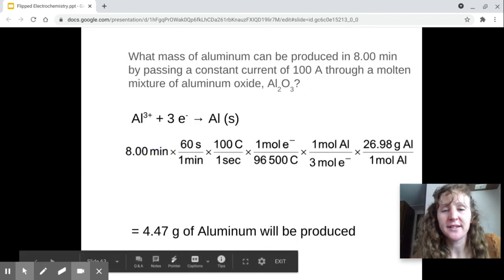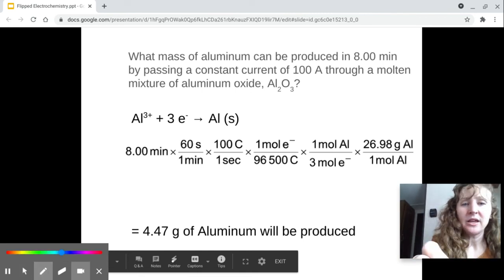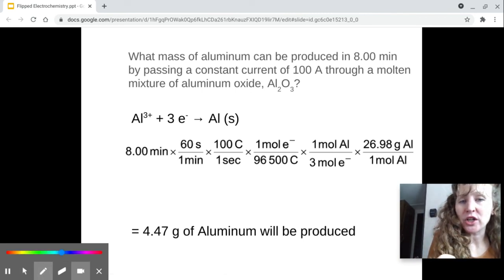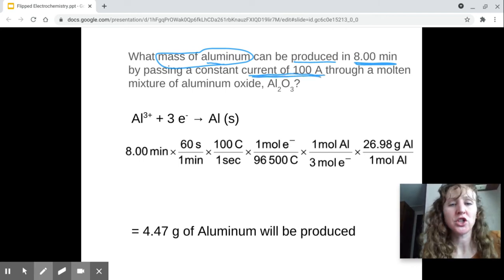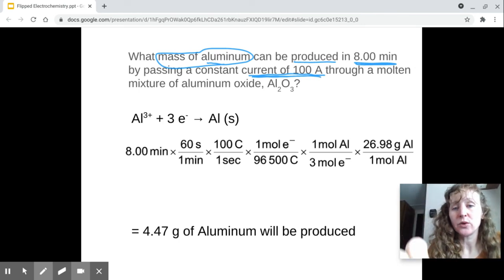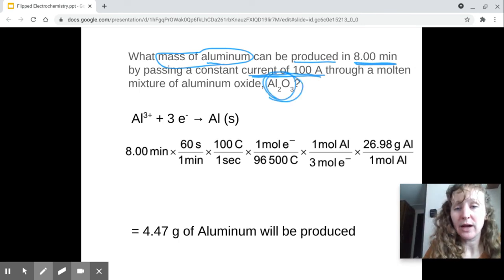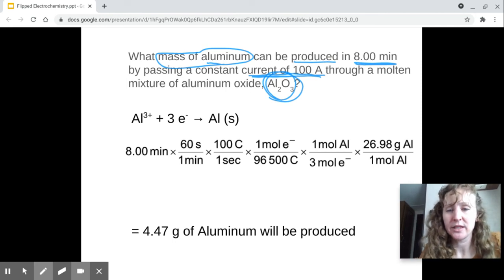For example, say you want to know how much mass of aluminum can be produced if you run a cell for 8 minutes using a current of 100 amps through a molten mixture of aluminum oxide. So we're using electrolysis to split aluminum oxide into its components, right?